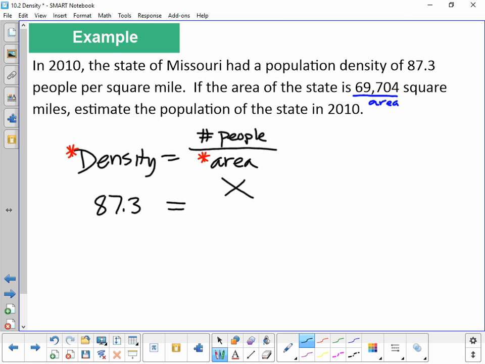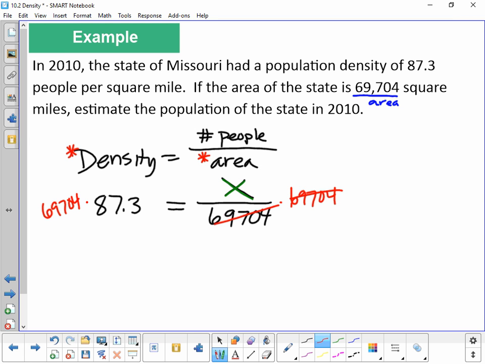I don't know how many people, that's what I'm trying to figure out. And we know the area is 69,704. So we put in the things that we know, and we're going to solve for the thing that we don't know. Well, to get this x by itself, we just need to multiply both sides of our equation by that denominator, 69,704.